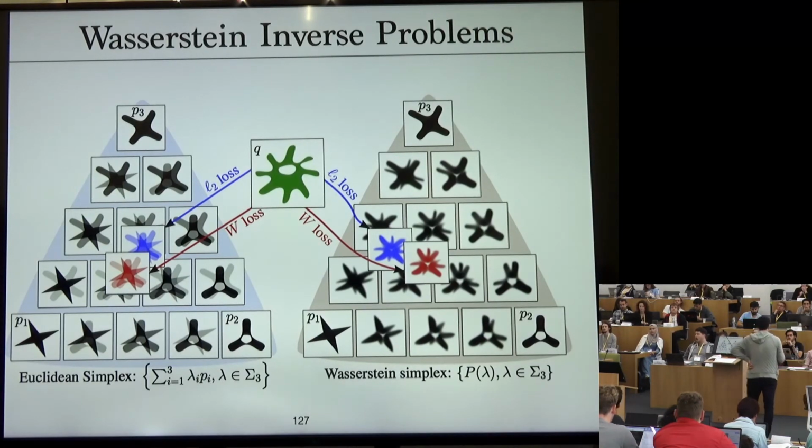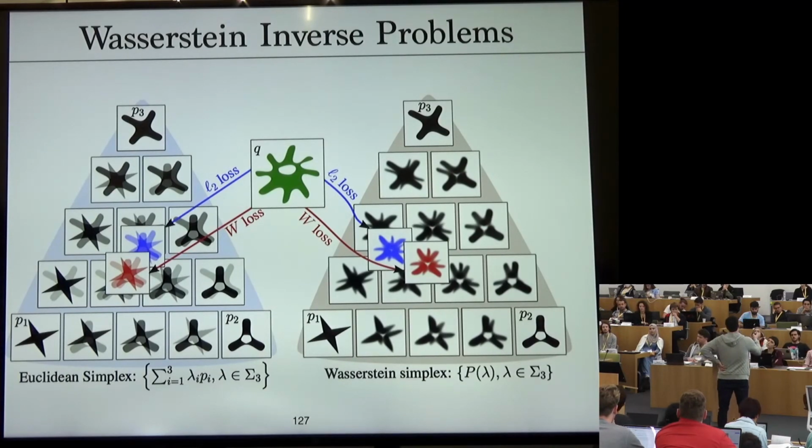Imagine I have a new shape that pops up. The idea of regression, or regression with simplex constraints, if you want to restrict your weights to be in the simplex, is to reconstruct the input, this measure, with a combination of what you know. This is the fundamental idea in regression: if you have a variable and other variables you can pair it with, you can try to reconstruct this target variable using a linear combination of the other variables.